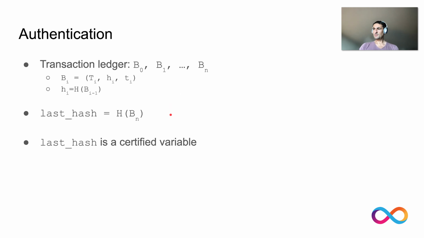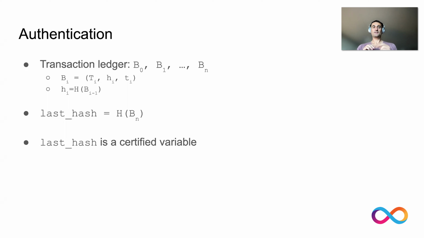So now, how can somebody external verify that what it obtained are the blocks from the ledger? Here we use this notion of certified variables. There's a nice talk about it by Joachim Breitner, which gives details, but at a high level, a canister can set a certified variable, and the effect is that in every round, the IC will produce a signature on the value of that certified variable.